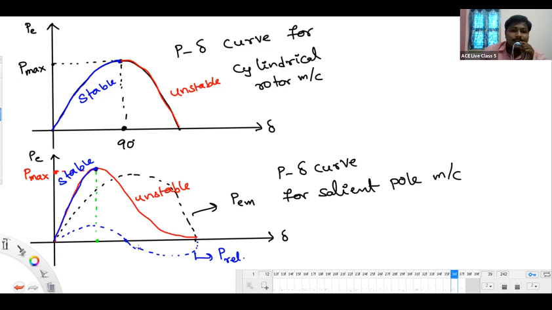Salient pole. Why? The simple reason is the slope of this curve looks definitely large compared to the slope of this curve at 30 degree angles. So at operating angles of the system, the salient pole machine will be more stable as compared to the cylindrical rotor machine. In which state of operation am I saying that? Only steady state operation we are talking about. Okay. So I'll say more in the next slide.